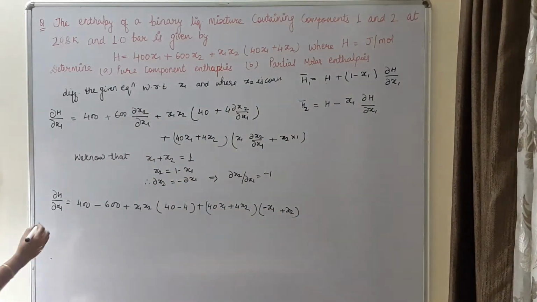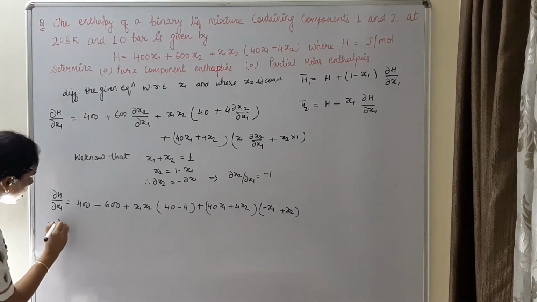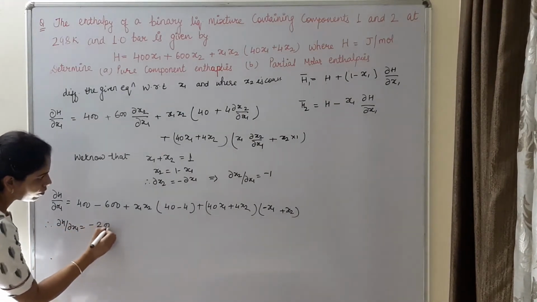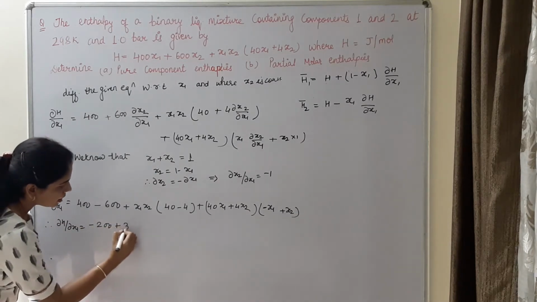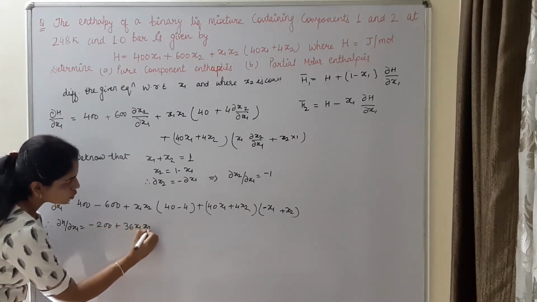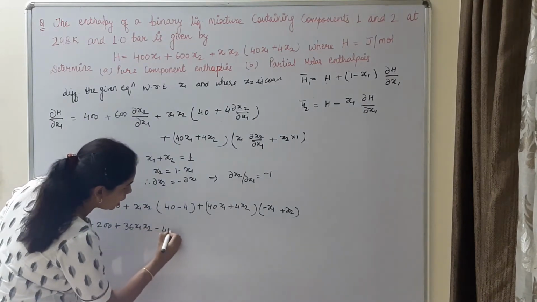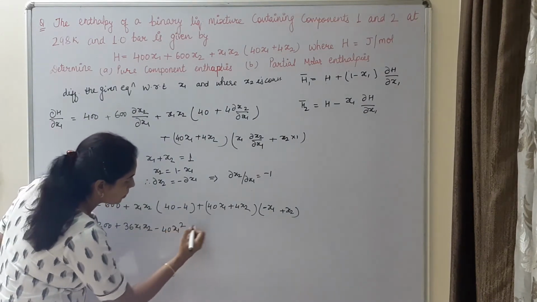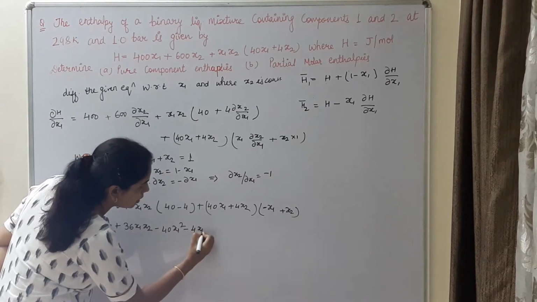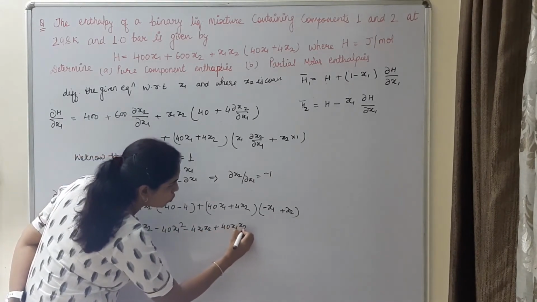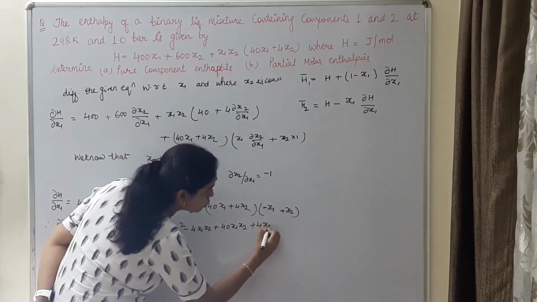Now just rearrange this. So ∂H/∂x1 is equal to, this is -200 plus 36 x1 x2. Okay, open the bracket. So this will be -40 x1² - 4 x1 x2 + 40 x1 x2 + 4 x2².